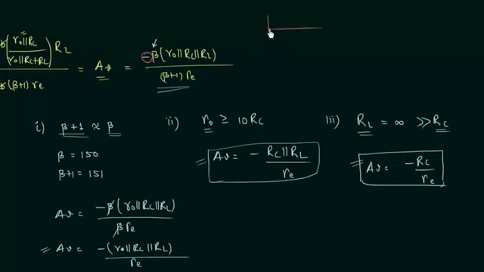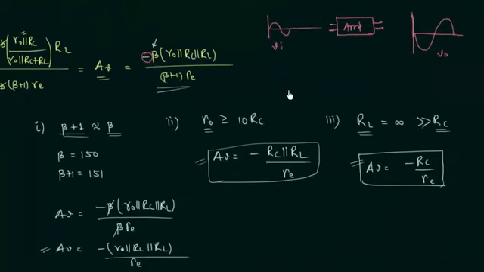So if this is the input voltage and we feed this input voltage to the amplifier, then after the amplification, the amplified output voltage will have a 180-degree phase shift. You can see there is a 180-degree phase shift between the input voltage and the output voltage after the amplification. So this negative sign represents the 180-degree phase shift.